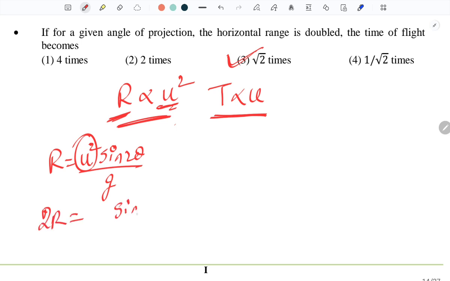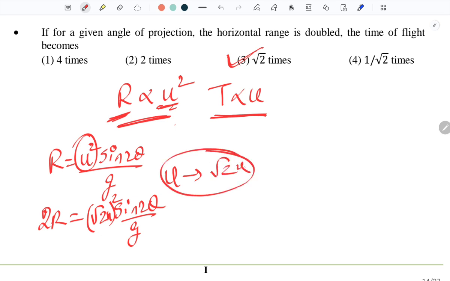To keep sin 2 theta by g as it is, what should u square become? If I take √2u and square it, I get 2u square. So u must be changed to √2 times u to make R as 2R.